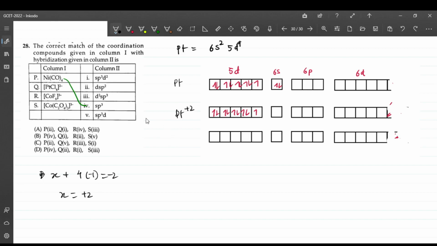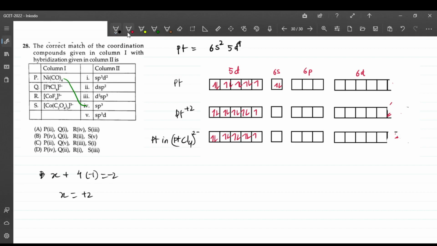right? So platinum in PtCl4 2 minus, right? Here it is a weak field ligand, so pairing is not going to take place. 1, 2, 3, 4, 5, 6, 7, 8, 9. Pairing is not going to take place directly. There are 4 ligands, right?